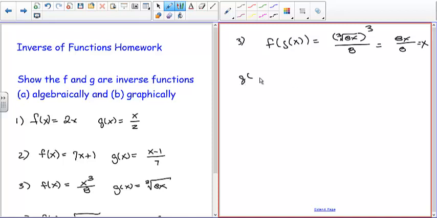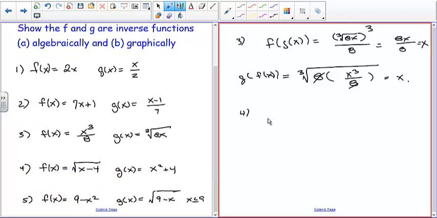And then you have g of f of x. So g of x is equal to the cube root of 8x. But for x, we stick in x cubed over 8. So these cancel out. And the cube root of x cubed is x. So that's doing it analytically. We've already done it graphically, so we can move on to the next problem.